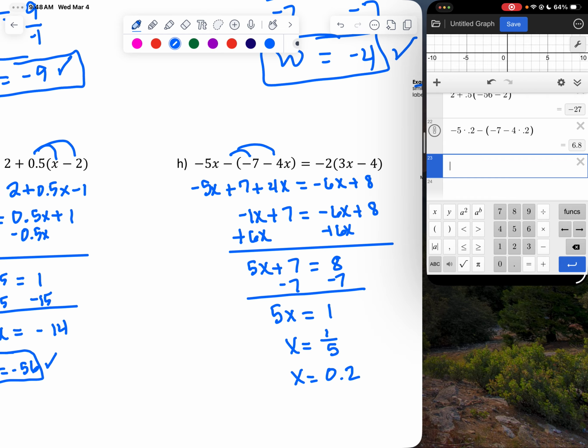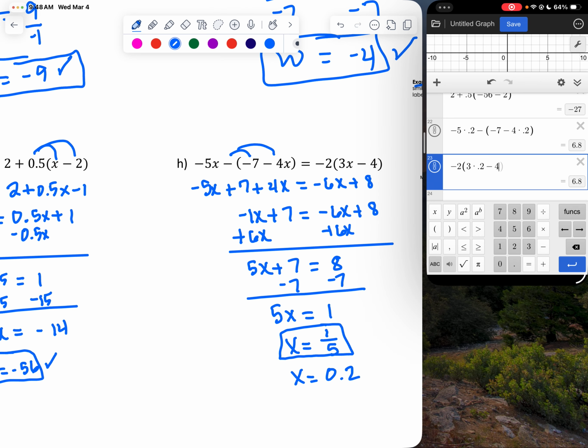And that gives me a value of 6.8. On the other side, negative 2 parenthesis 3 times 0.2 minus 4, and that also gives me a value of 6.8.